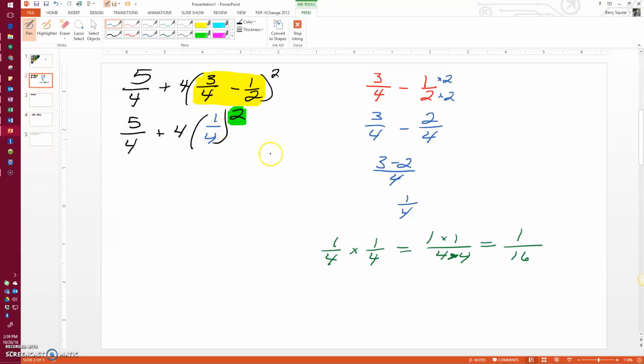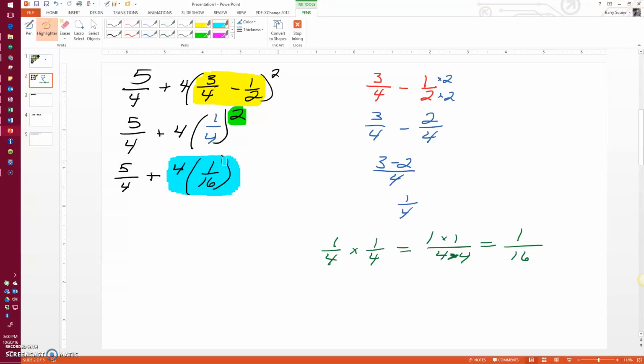So 1/4 to the second power is going to be 1/16. So we can rewrite this as 5/4 plus 4 times 1/16. Okay, so now we did our parentheses, we did our exponents, and we've got some multiplication here that we have to deal with. This right here.